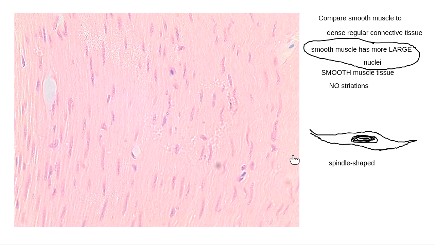When you look at dense, regular connective tissue, you're not going to see as many nuclei, and they're going to be squeezed really flat. They'll be really dark, and they'll be squeezed really flat, so you won't really see them. But when I'm talking about smooth muscle tissue, you see these large nuclei, and there's a whole lot of them. So smooth muscle tissue, no striations, and those large nuclei that we see in there.